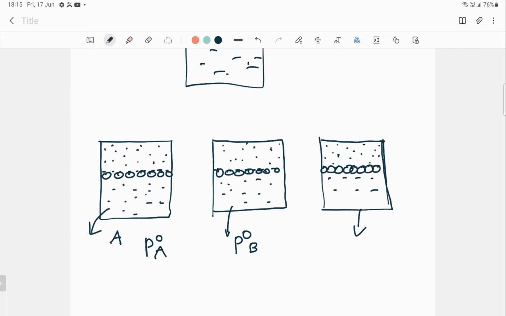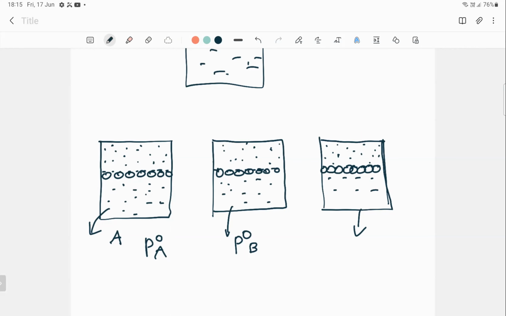I am not comparing here; these are dealt with separately. I'm comparing this one. Clear? So which one will have more vapor pressure? The solute and solvent present in the separate chambers will have more vapor pressure. What about this one? It will have less vapor pressure.